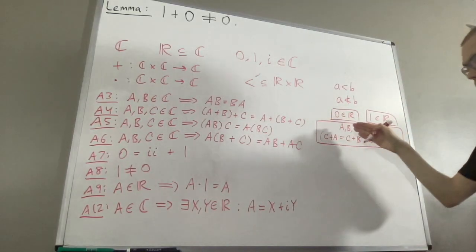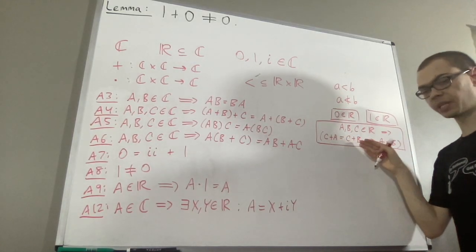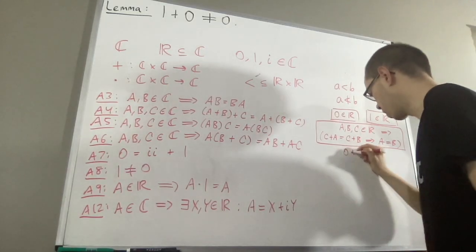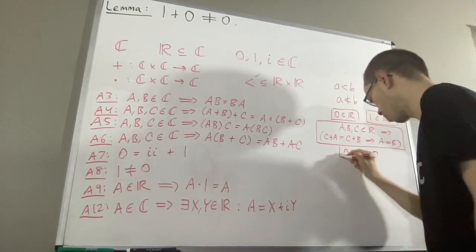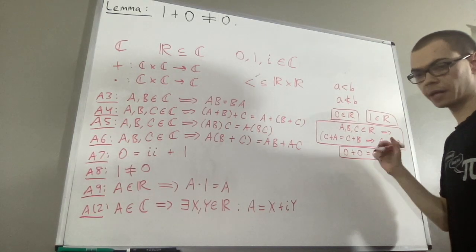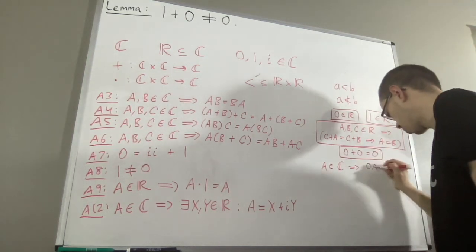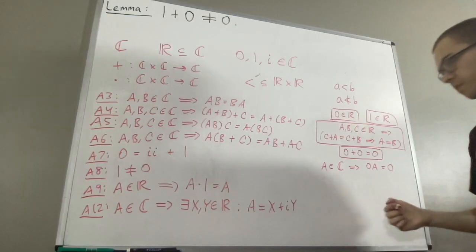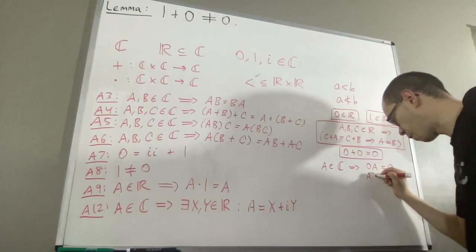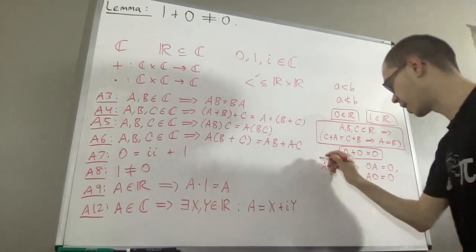Given any three real numbers, a, b, and c, if c plus a is equal to c plus b, then a is equal to b. We've also proven that 0 plus 0 is equal to 0. And we have proven for every complex number a, 0 times a is equal to 0. In fact, since multiplication is commutative, we also have for every complex number a, a times 0 is equal to 0. So I'm going to include that as well.